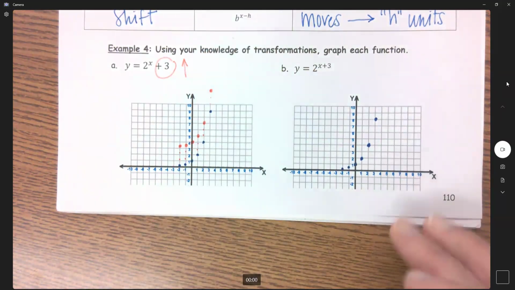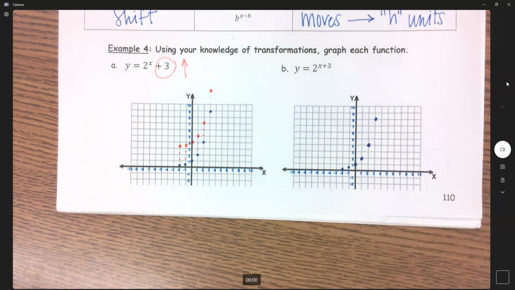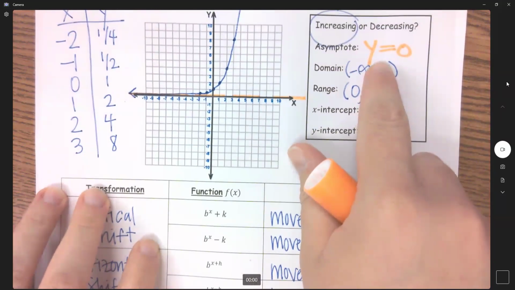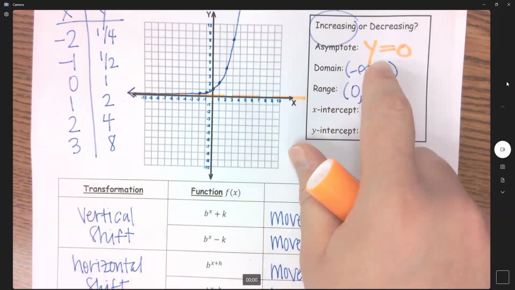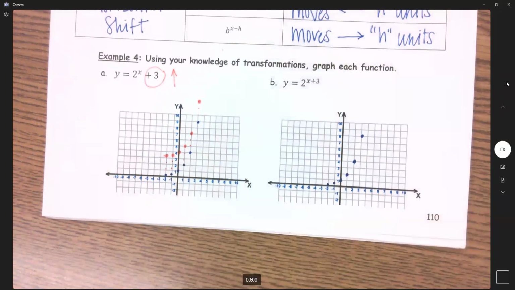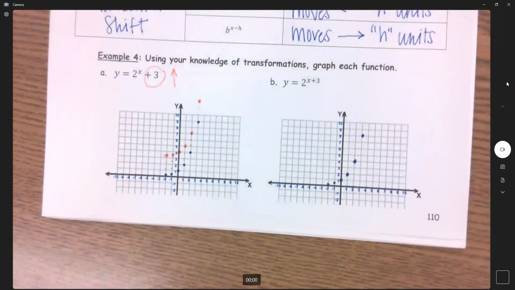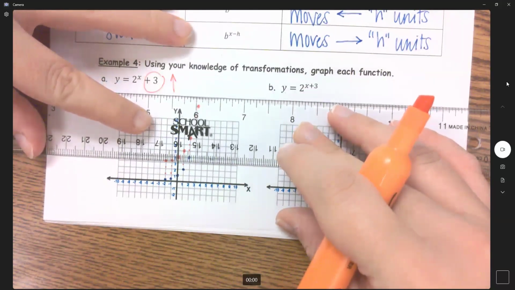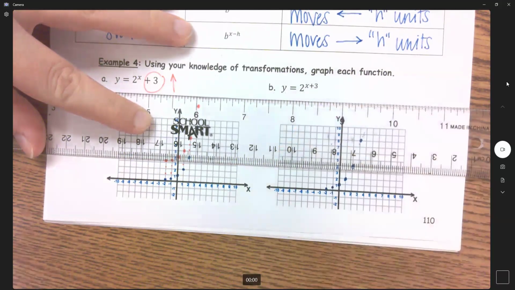Now, just like with all of these points getting shifted up, it's also going to shift my horizontal asymptote up 3 units. So instead of it being at y equals 0, now it is here at y equals 3.